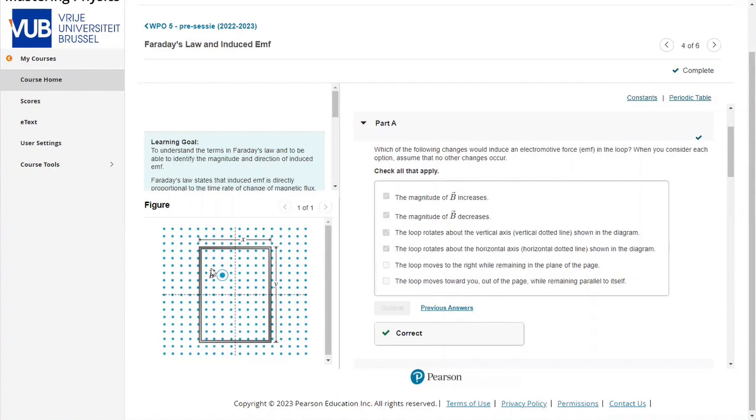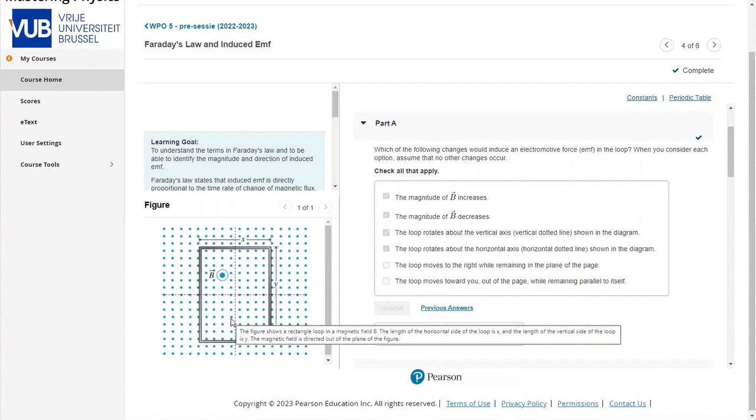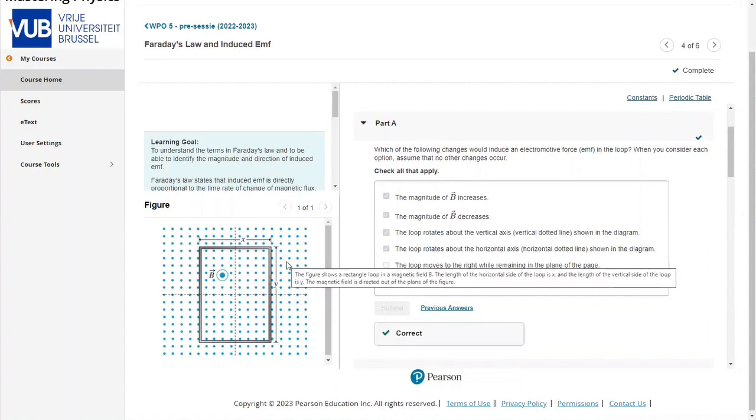So what can happen here is that your magnitude B can increase and decrease, but you can also rotate it about the vertical axis, and you have the horizontal axis. I will show you with the equation.